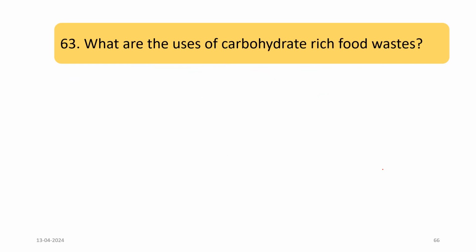Next, what are the uses of carbohydrate-rich food wastes? Carbohydrate-rich food waste contains glucose, sucrose, lactose that can be used as carbon sources for the fermentation process.